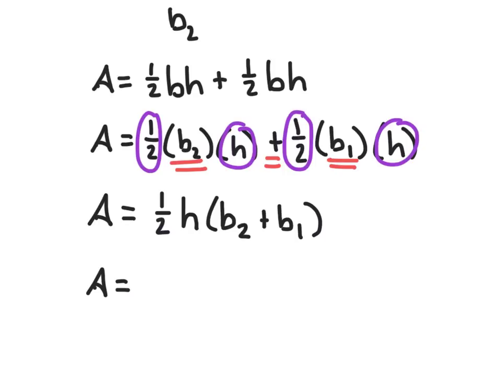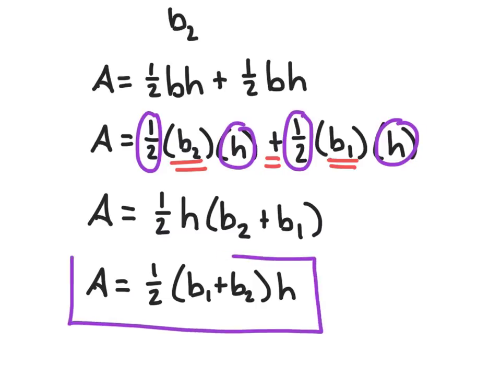If you like what I'm going to write down, do it my way. But I prefer to use it as 1/2 times b sub 1 plus b sub 2 times h, because I still like to have base times height. Okay? It just helps my brain stay organized. All right? And so, there we go.